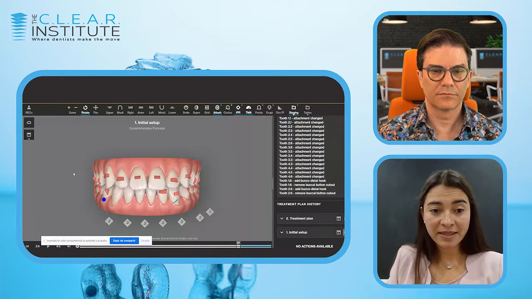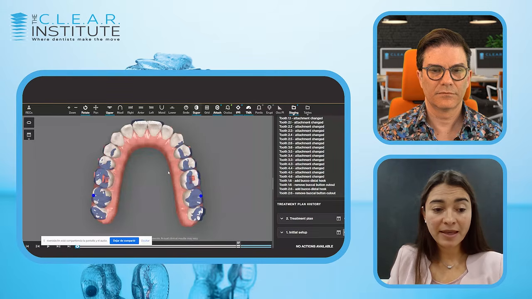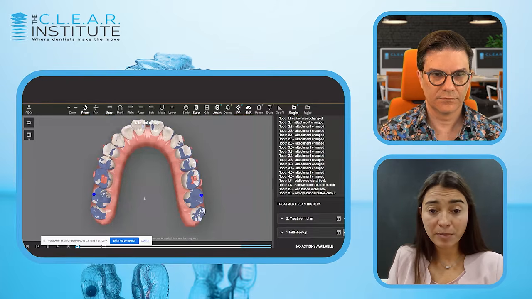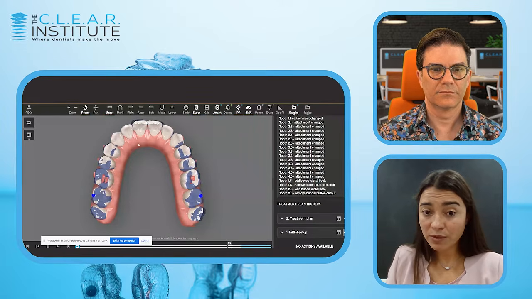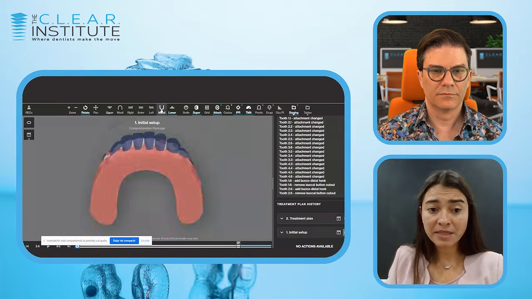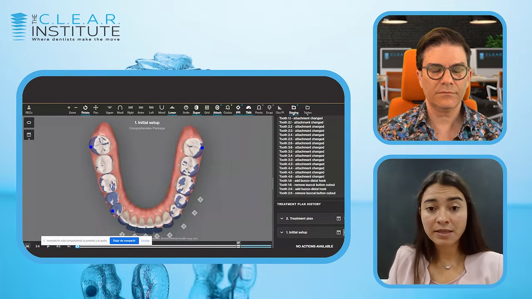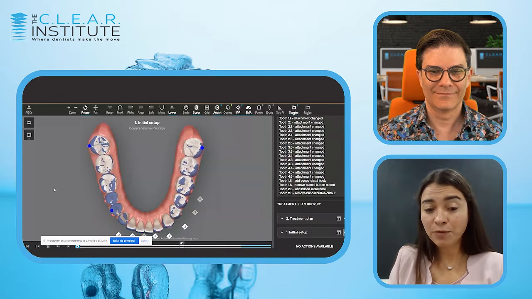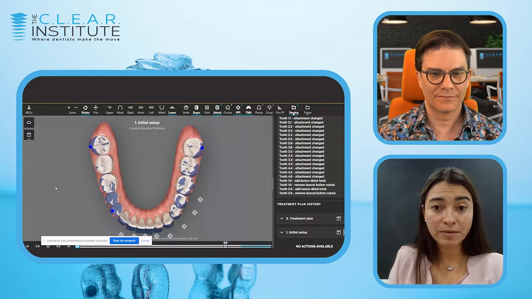What we see here, with the help of the superimposition, is that there is constriction occurring in the upper arch from third molar to third molar. The diastema is being closed. And in the mandibular arch, there seems to be some distalization of molars to improve the midline and the edge-to-edge occlusion.